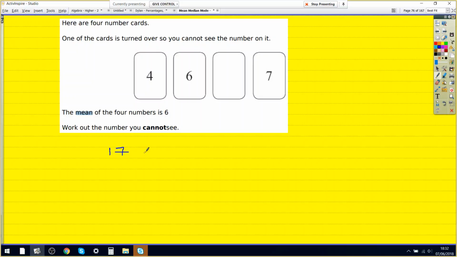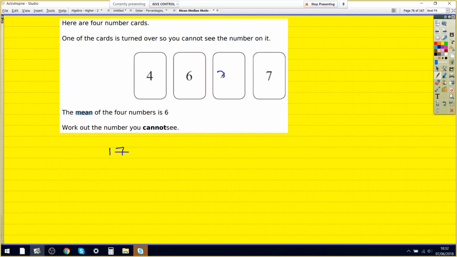And then would you try and work it out from 6 times 4?